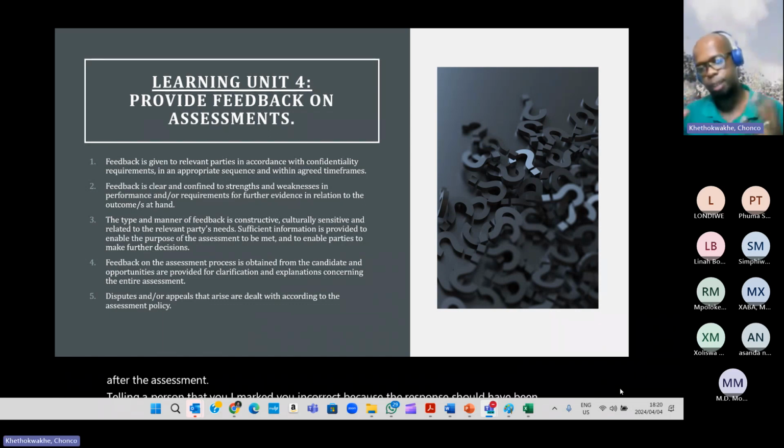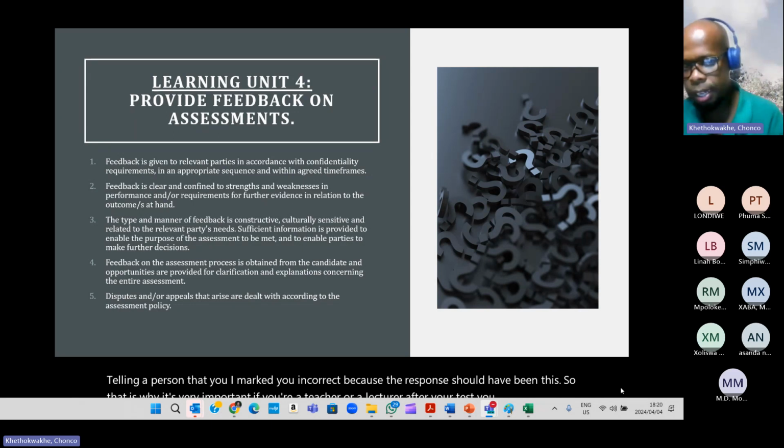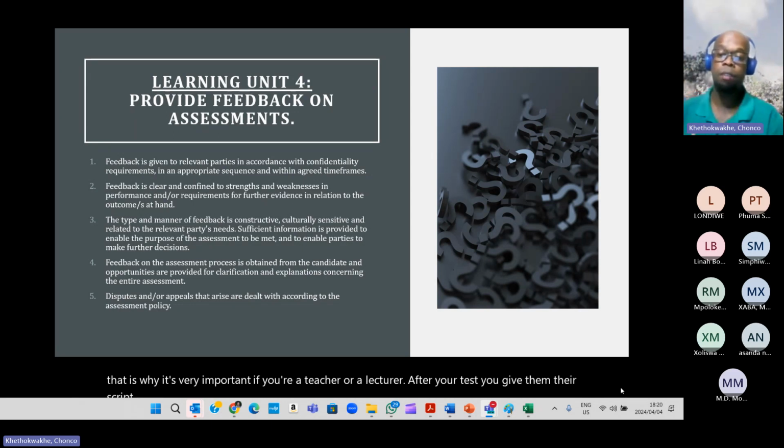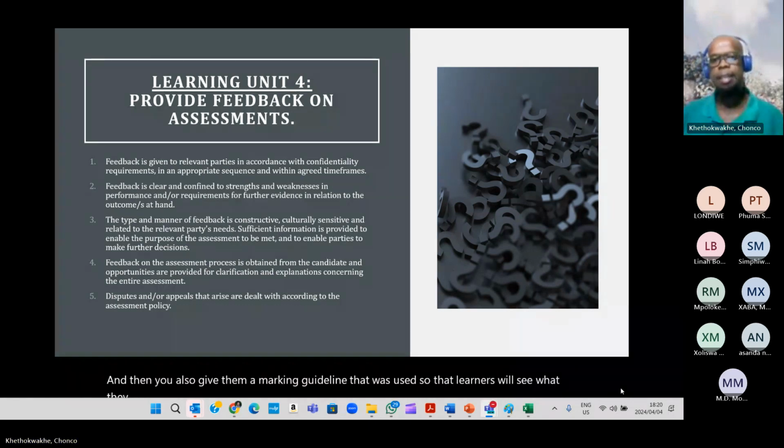So that is why it's very important if you're a teacher or a lecturer, after your test, you give them their script, they view their script, and then you also give them the marking guideline that was used so that learners will see what they did and how you marked it.